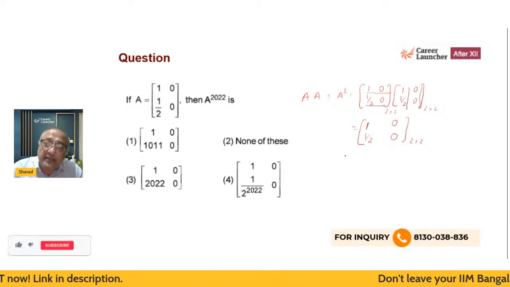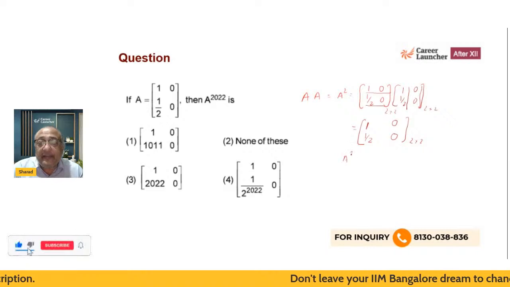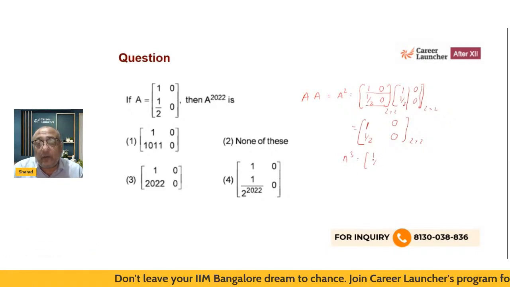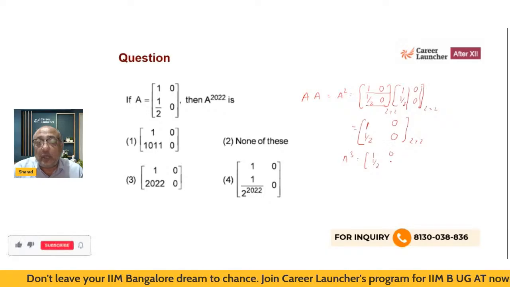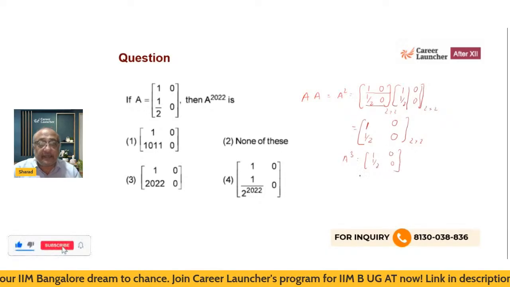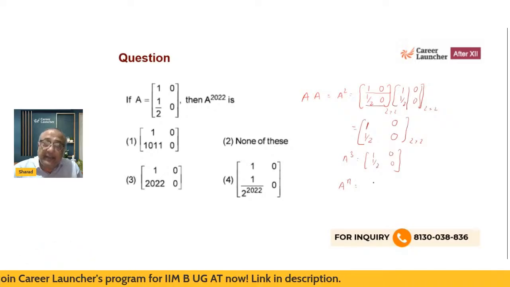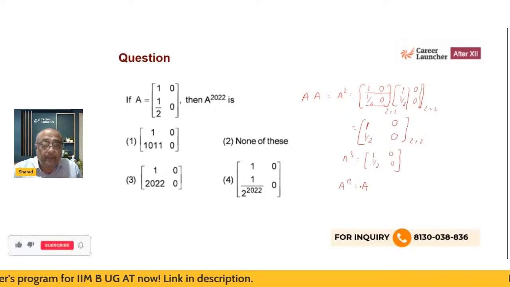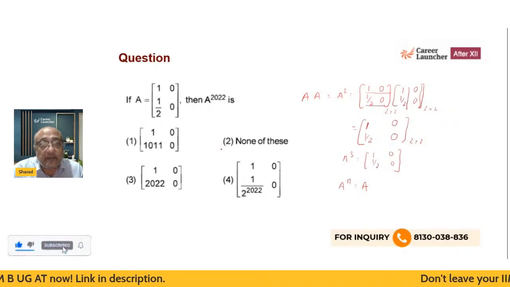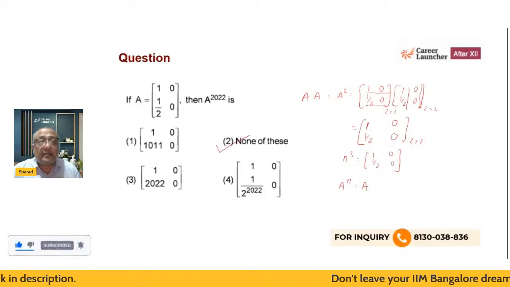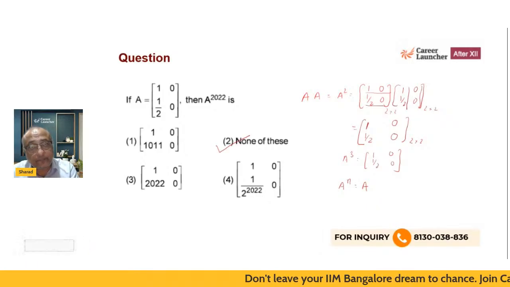So A square is also A. If I take A cube, that will also be this, 1 by 2, 0, 0. So in effect, it is telling us that any A raised to power n will be the same as A. Do we have any option which is reflecting A? No. So the answer is none of these.